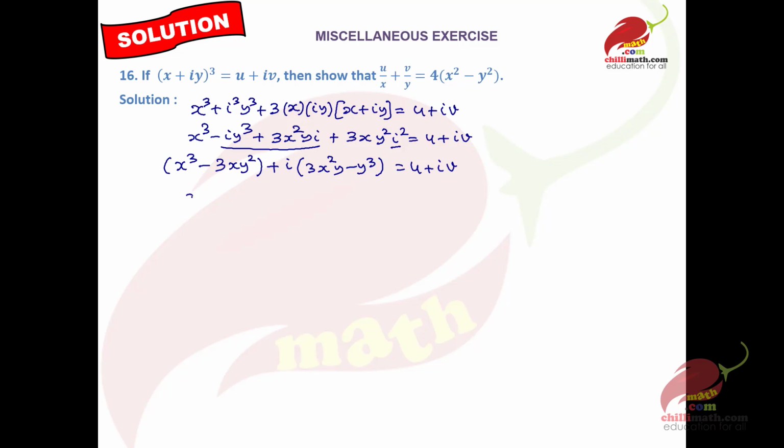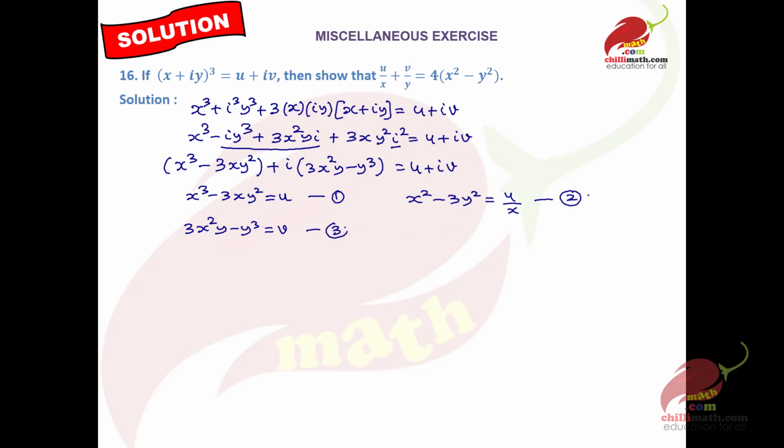That is x³ − 3xy² = u and 3x²y − y³ = v. Dividing both sides of equation number 1 by x, we get x² − 3y² equal to u/x. Let us mark this as equation number 2.